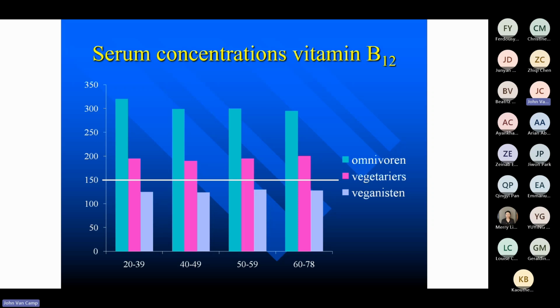Half of the vegetarians might be in trouble. And if we look to the vegans, then you can see that the mean value is below the recommended line. So in this case, we could say that the majority of the vegans do not have an optimal B12 status, and they should rely on taking supplements to compensate for that.